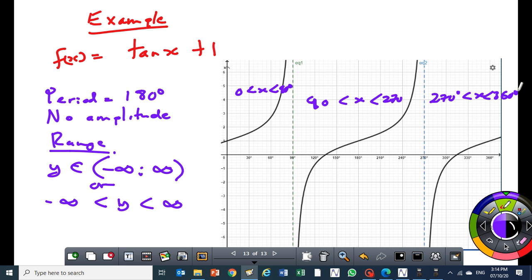If the graph is given from 0 to 360, you must have three intervals because of the existence of asymptotes. At x equal to 90, y is undefined. At x equal to 270, y is undefined. Therefore, x equal to 90 and x equal to 270 are not included in the solution.